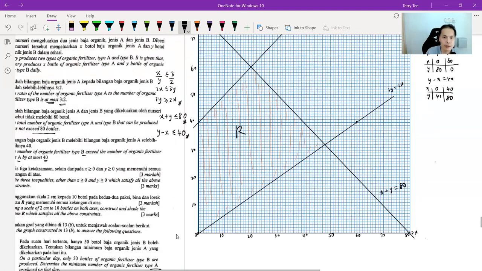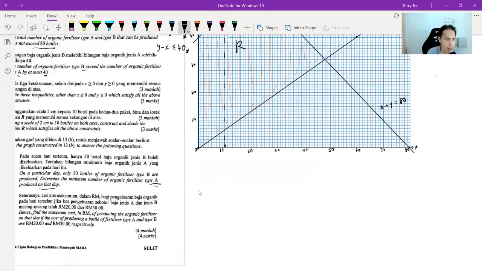This is 50 here. Let's move it across and move it down and find out how many bottles of A you have. So you move it down. It's quite easy to see, right? The answer is 10. So we say the number of bottles of A is 10.